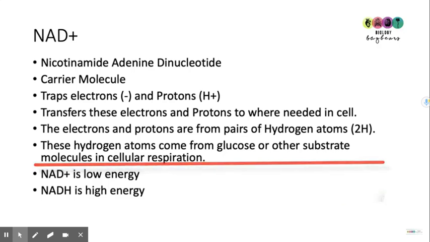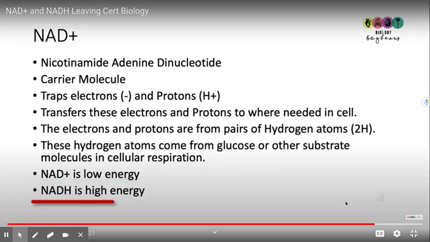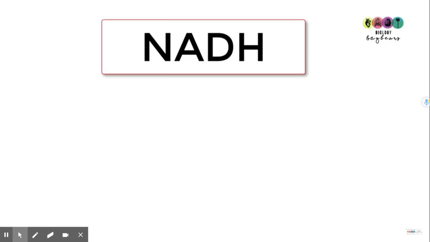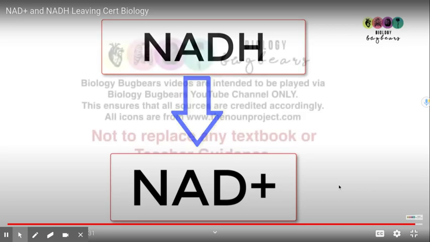We know that NAD+ is a low energy molecule, and when it traps those electrons and that proton, it turns into NADH, which is a high energy molecule. It's really important that you always remember to write that once NADH transfers those electrons and that proton, NAD+ is regenerated, all ready to do some more trapping and transferring.